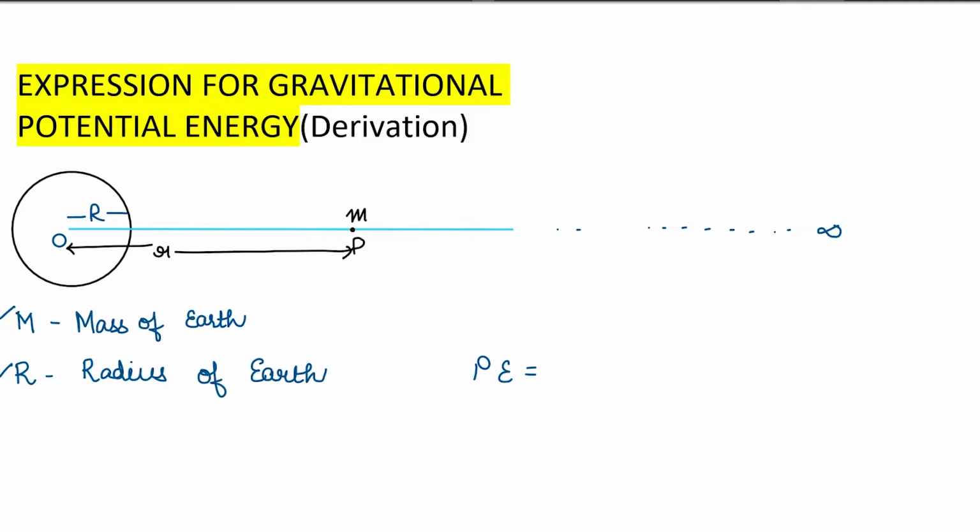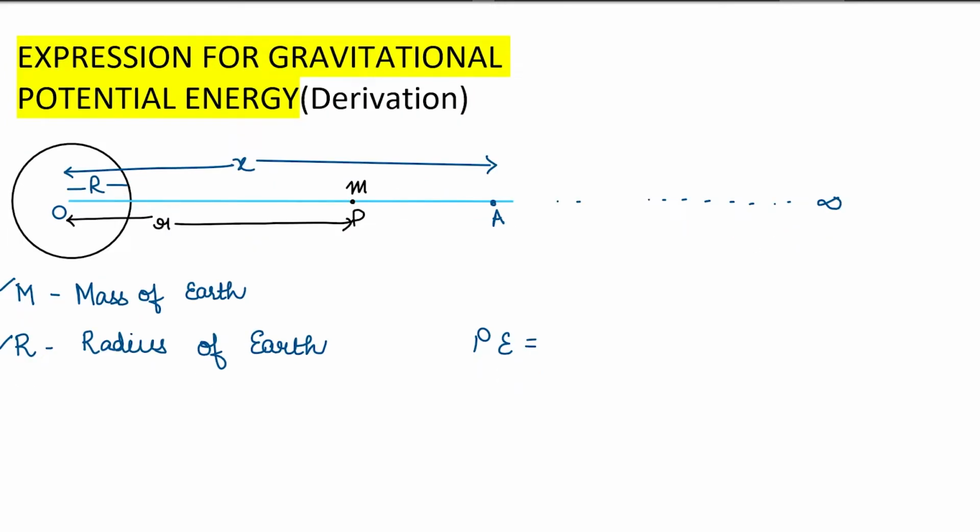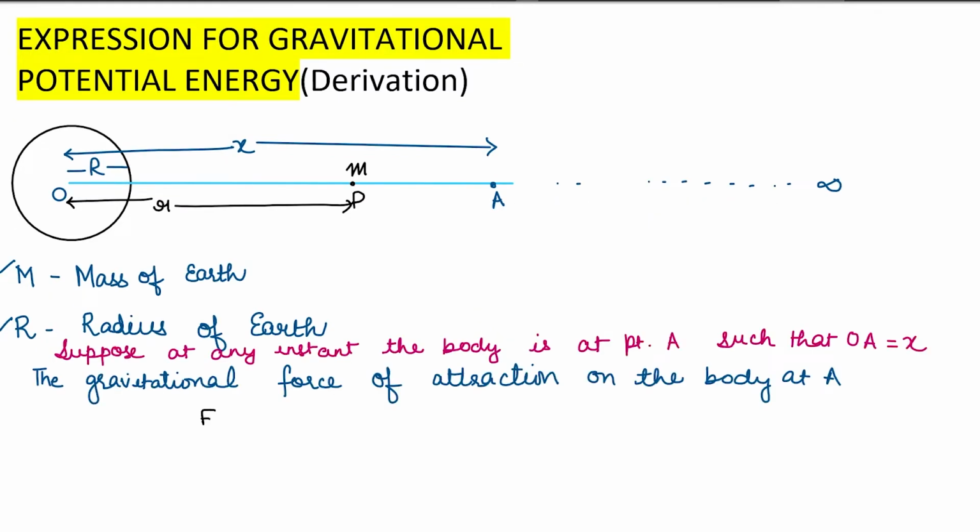Suppose at any instant this body is at point A, at a distance x from the center of the Earth. Using Newton's law of gravitation, the force of attraction on the body at point A is F equal to GMm by x square, and this force will be towards the Earth, that is towards AO.